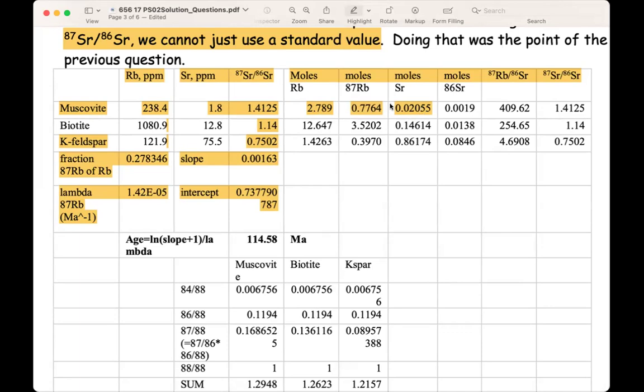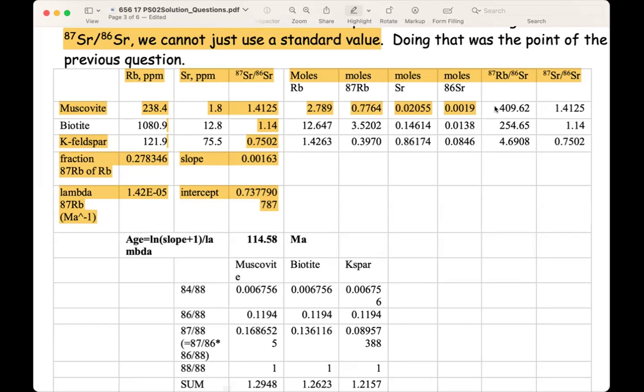Moles of strontium also can be calculated by dividing by the molecular weight and then multiplying by the 86 abundance value. So now you have the 87 moles and the 86 moles.